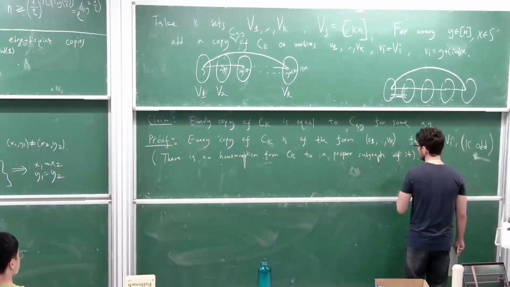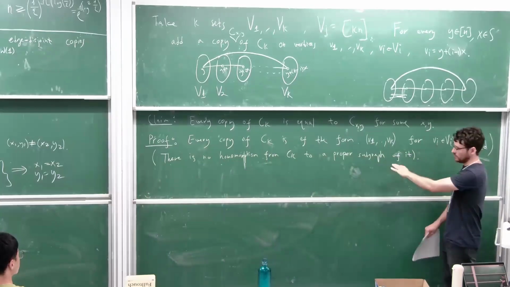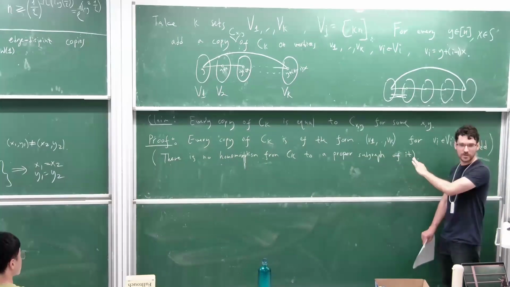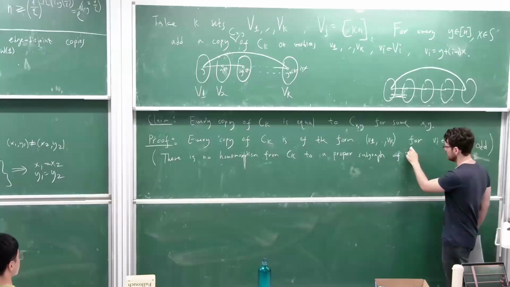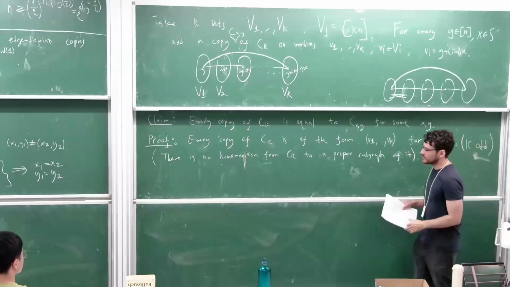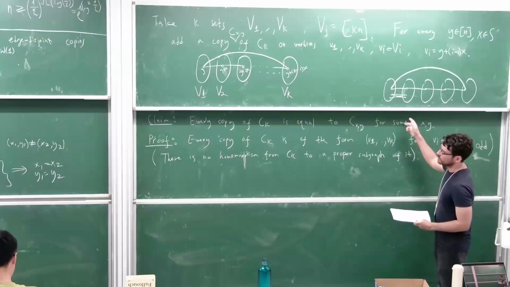Now, if you know what this means, then great. If not, then we will talk about homomorphism very soon. But this is a way to explain why this happens.